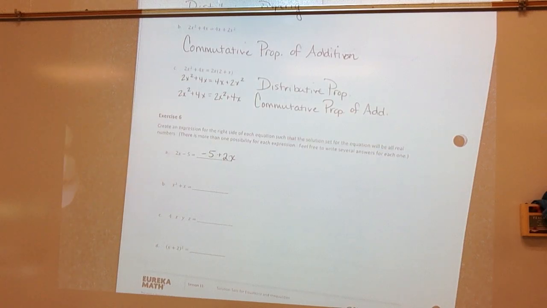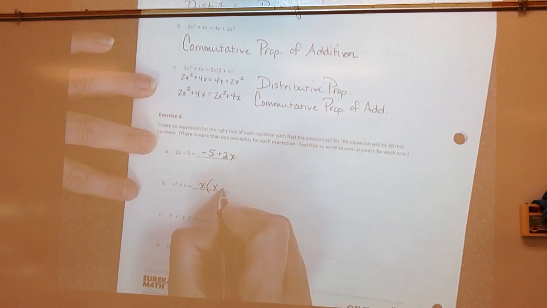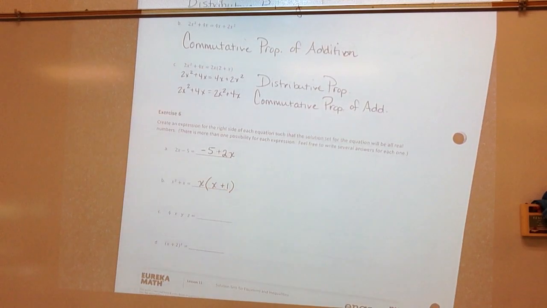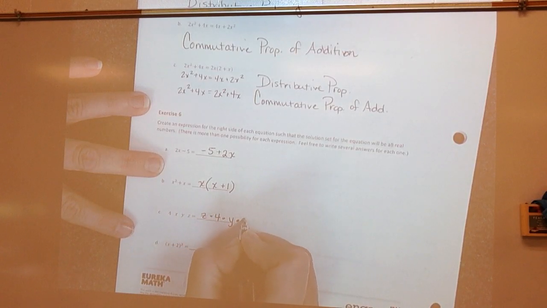X squared plus x. Guys, I could pull out an x and use the reverse distributive property and do x times x plus 1. 4 times x times y times z. Flip them around. You can rearrange these in any way you want. Z times 4 times y times x.